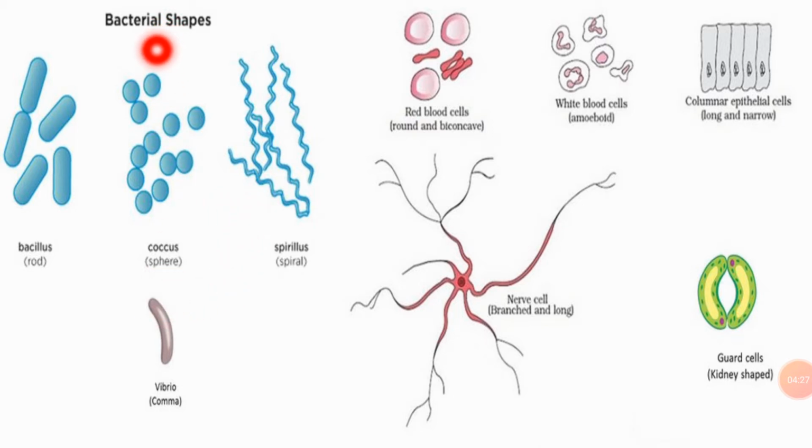Bacteria is a unicellular organism. What is a unicellular organism? Unicellular organisms are all the organisms that are made up of only one cell. Unicellular and multicellular, both organisms are made up of cells.